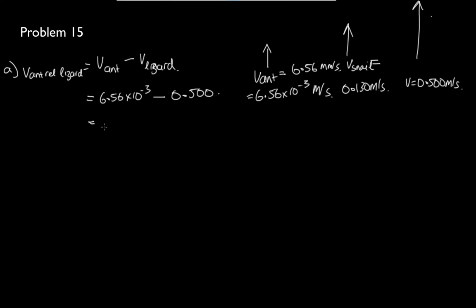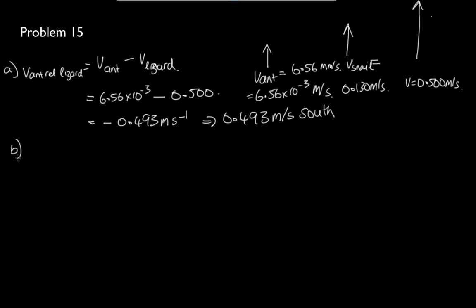Solving this on the calculator, we get minus 0.493 meters per second. So this negative means south. So this is equal to 0.493 meters per second south. So if you were the lizard, it looks like the ant is moving away from you in the negative direction, the direction opposite to what you're actually travelling.